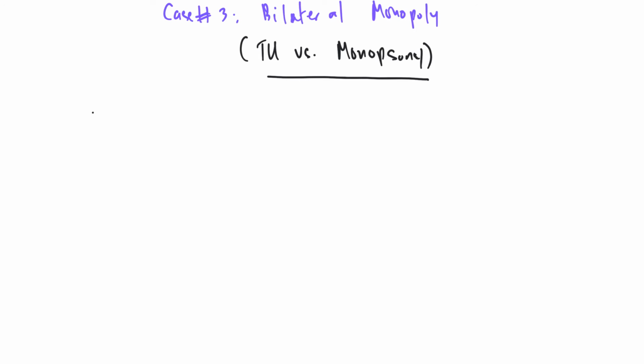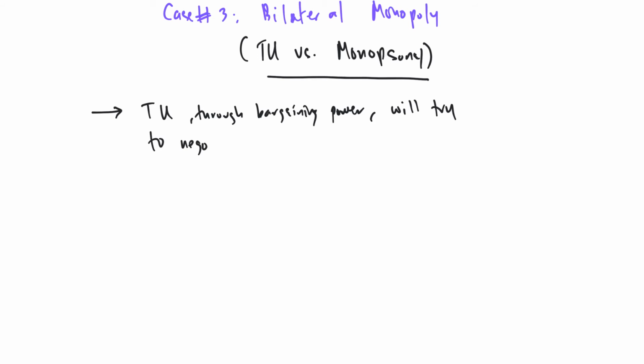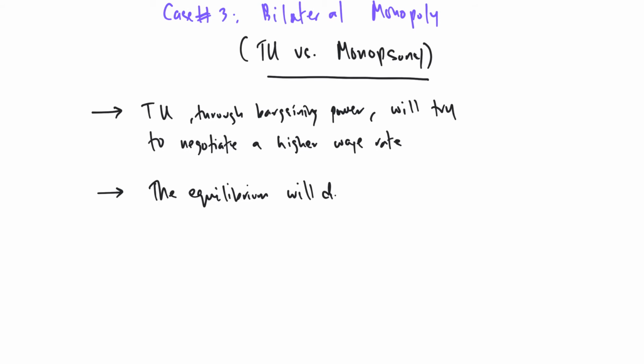But before we talk about this, in this case the trade union, through bargaining power, will try to negotiate a higher wage rate, and we also believe that in this case the equilibrium will depend on the bargaining power of the two parties.